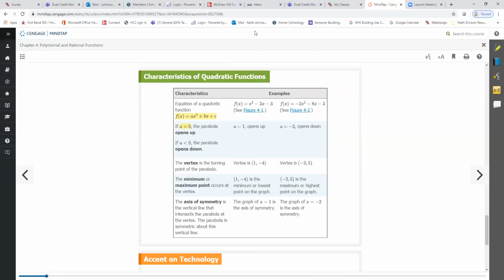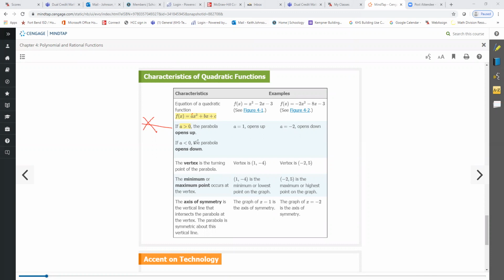Now, what do we know about the parabola? This is a piece right here that I do want you to make sure that you see. This whole box here, these are all your characteristics. These are things that you can find without actually plugging your equation into your calculator. If A, that front number right there, is positive, it always opens up.